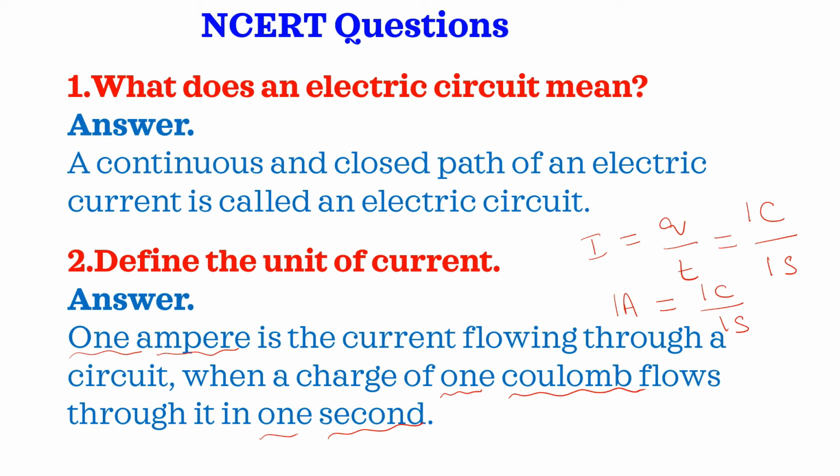So the unit of current is ampere. 1 ampere is equal to 1 coulomb by 1 second, where the unit of charge is coulomb. So 1 ampere is the current flowing through a circuit when a charge of 1 coulomb flows through it in 1 second. Okay, next one.